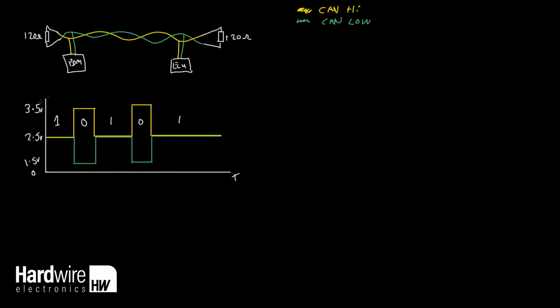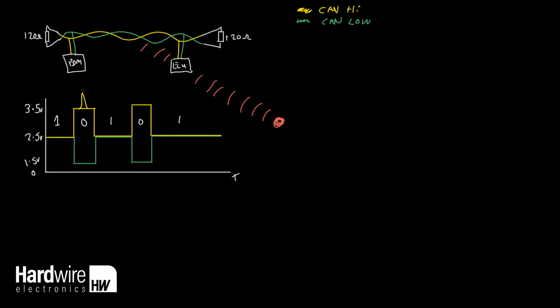The first thing to note is that if we have a noise source over here, and that's sending out electrical noise through the air, that's going to be coupled onto the CAN high and CAN low wires. And because the distance between this noise source and the CAN high wire and the noise source and the CAN low wire is the same, the voltage which is induced onto the CAN high and CAN low lines is equal for both.